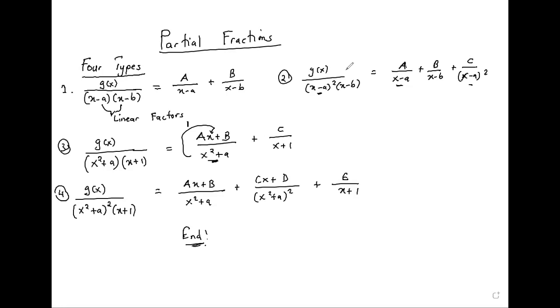Okay, so now we're going to examples where you have those varieties. If the power of the numerator is higher than that of the denominator, you first use long division so that the powers can be reduced, and then you fall in these four types. That's the only extra information.